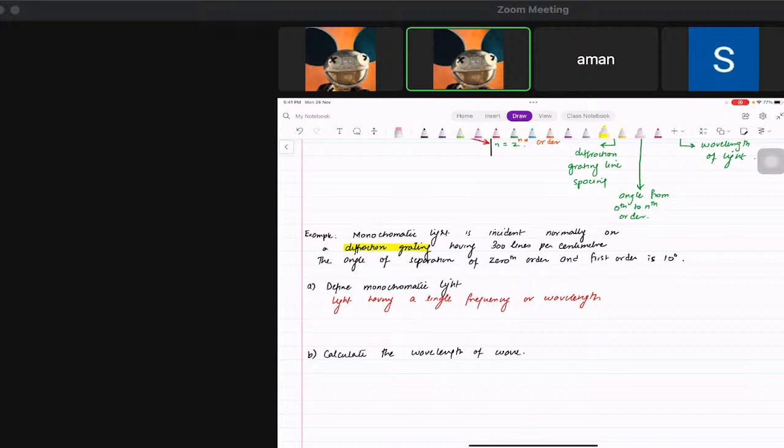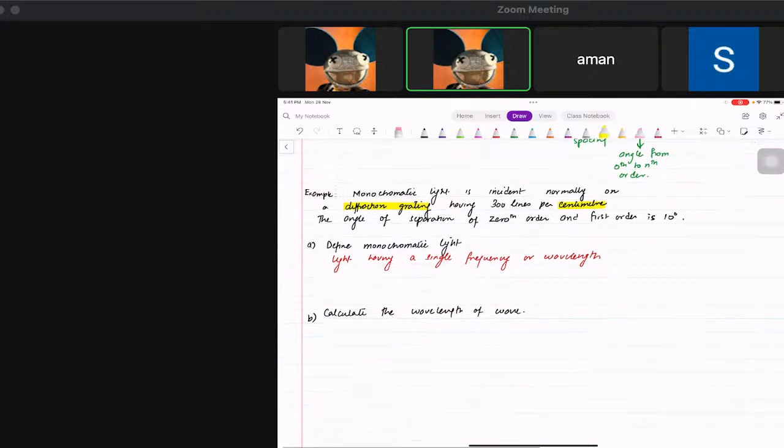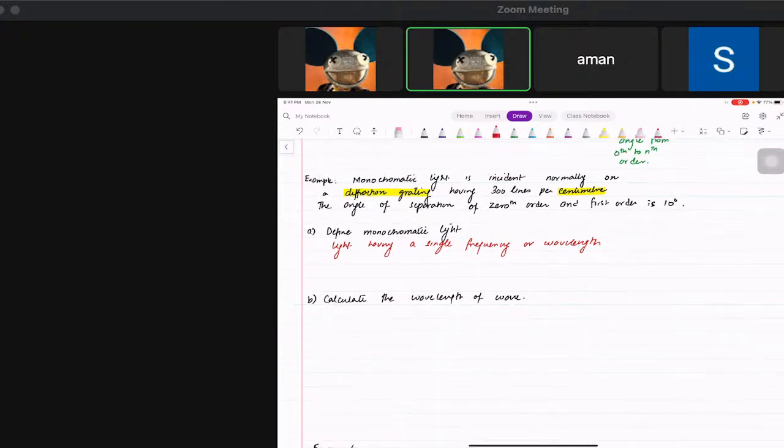The next thing is that there are 300 lines per centimeter. So the moment you see this, you should remember only one formula, and that is for diffraction grating: d sine theta equals n lambda. Always do that. There will be no other formula they're going to use. So you should remember that, oh, it's a diffraction grating question, I should look at it like that.